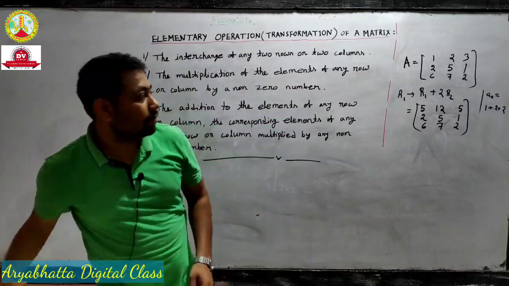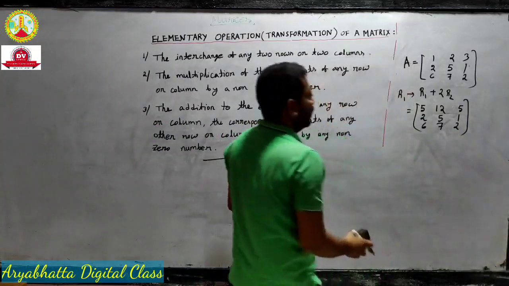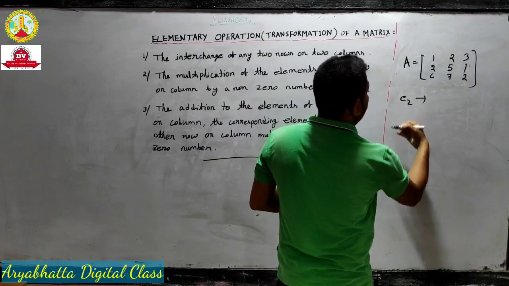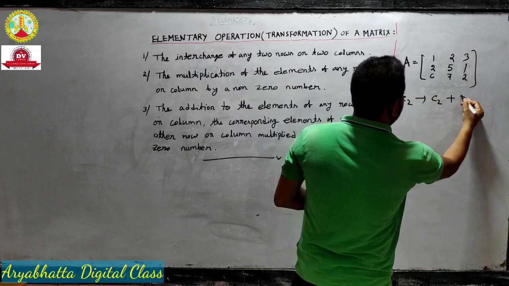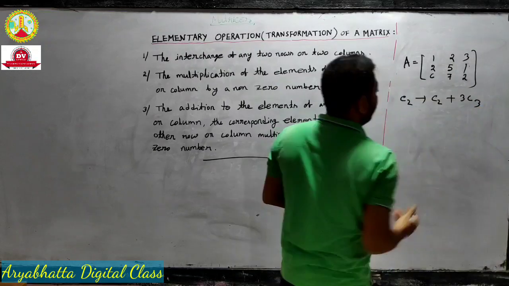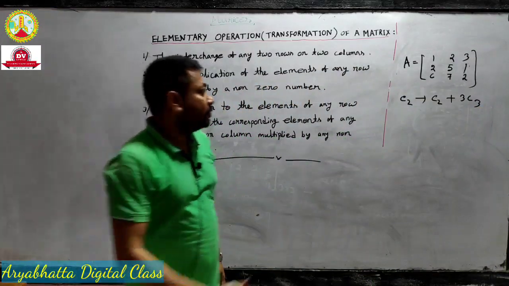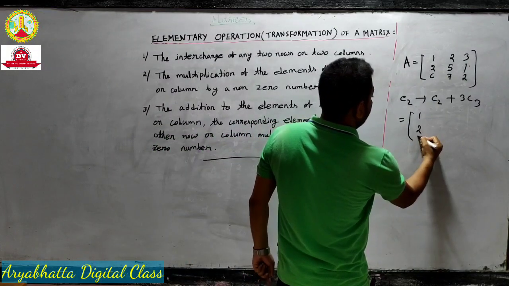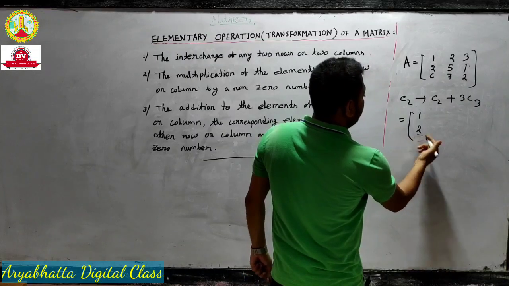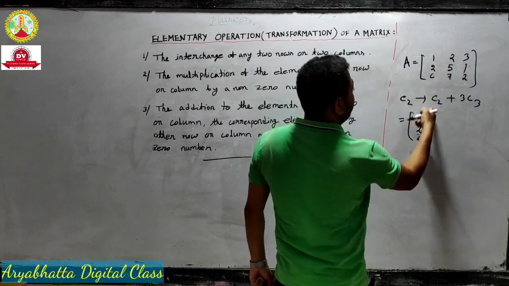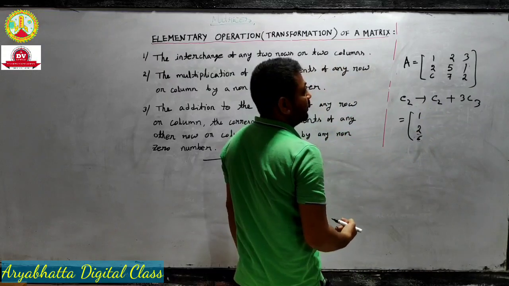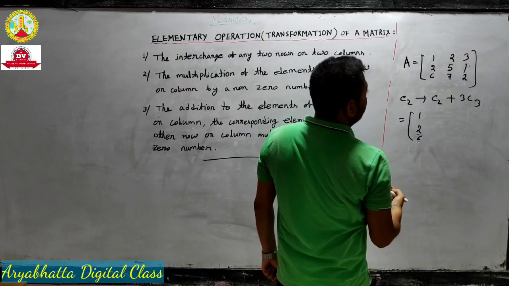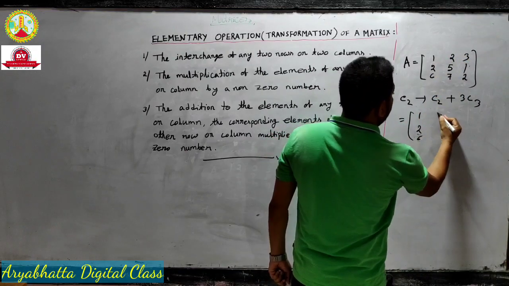If we apply C2 tends to C2 plus 3 into C3, then C1 does not change, 1, 2, 6, and for C2, 2 plus 3 into 3, 3 into 3 is 9, 9 plus 2 is 11.